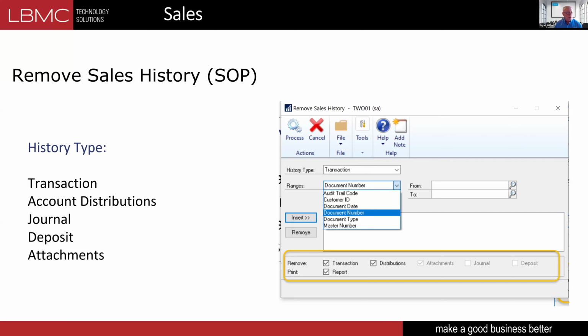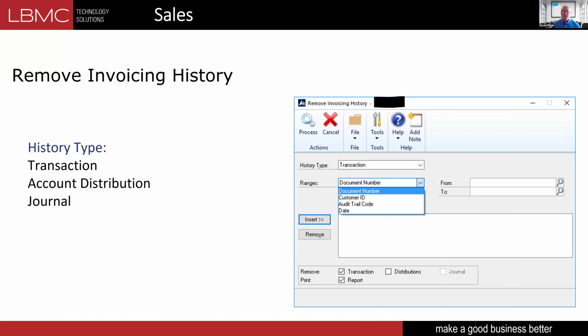And again, if you start taking out account distributions, transactions, journals, those reprint posting reports are not going to populate because you took the data out. Okay, so invoicing, this is the invoicing module, so not sales order processing.